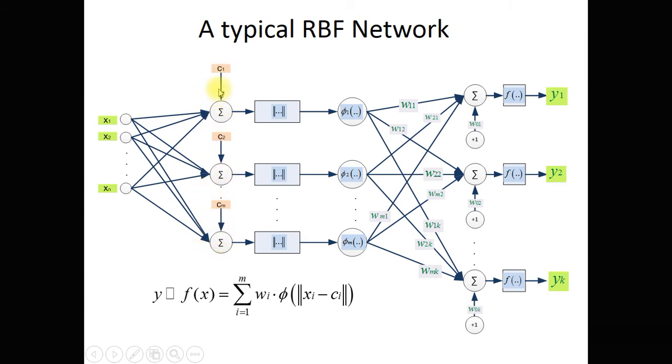The number of centers is m, whereas the input vector has a dimension n, and m is most of the time greater than n. We have already seen that. So we find the Euclidean distance of this input vector with respect to these centers, and by doing that we cast this problem into m dimensional space, from n dimension to m dimension.